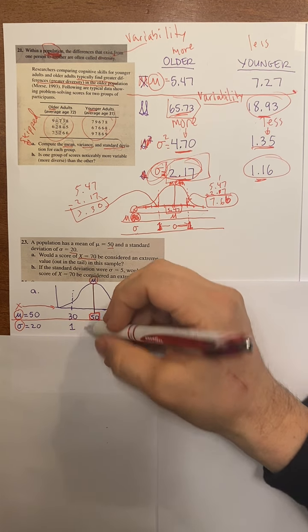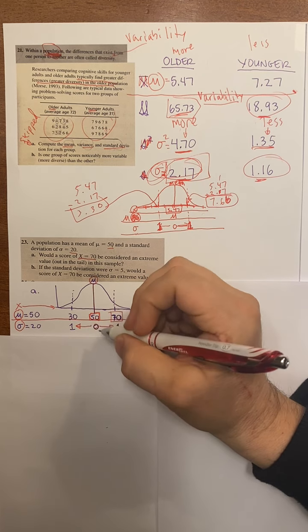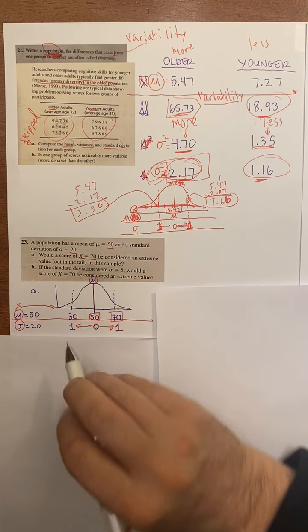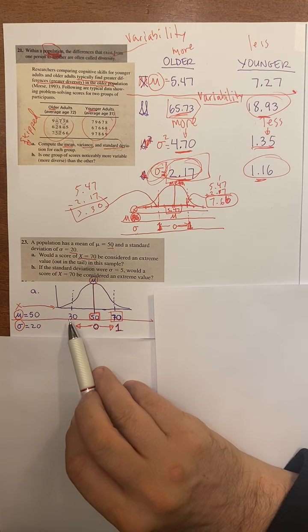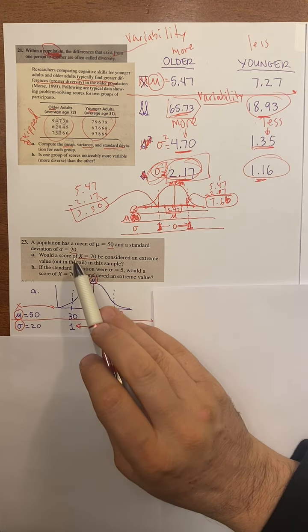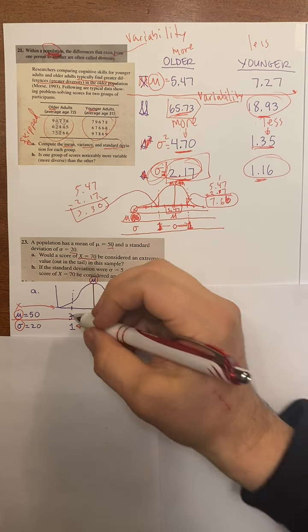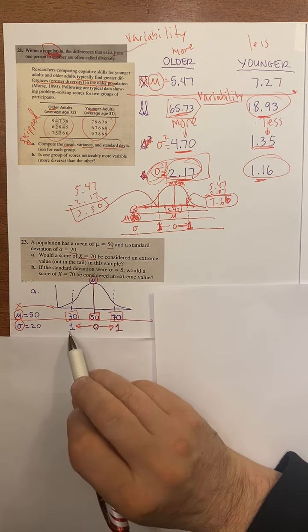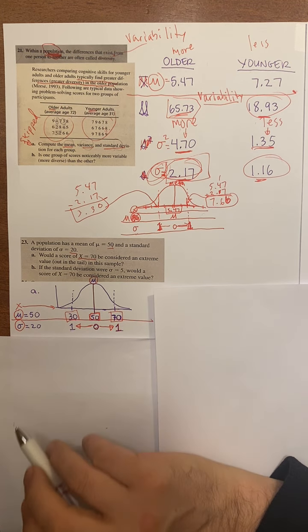Same thing moving away from the mean in the negative direction. We're moving out 1 standard deviation unit away from the mean. In terms of x values, that's 20 x values away, so 50 minus 20 means that 1 standard deviation unit is 30, is x value of 30.